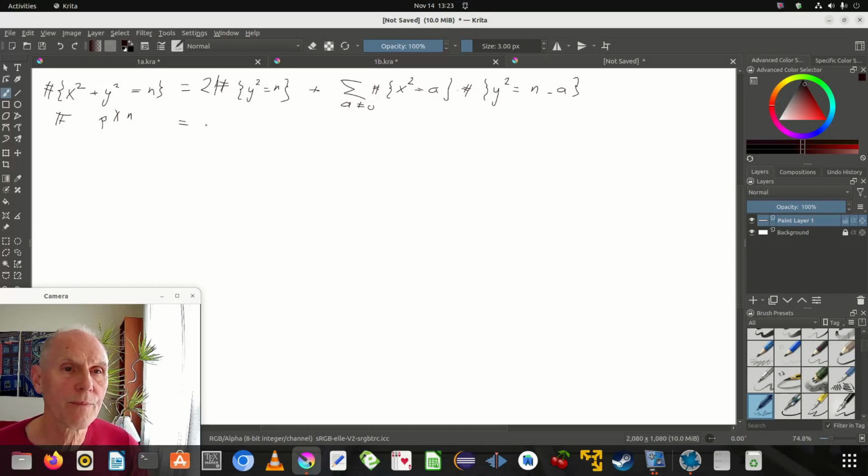With n not vanishing, this is equal to the sum of the values chi of n, plus the sum over all a, where it's all characters of order 2, so we'll call them chi1 and chi2, where they must have order 2, so we don't want to write that here.